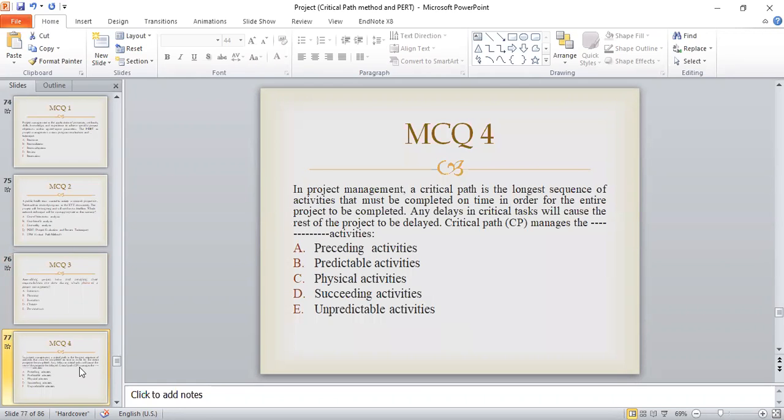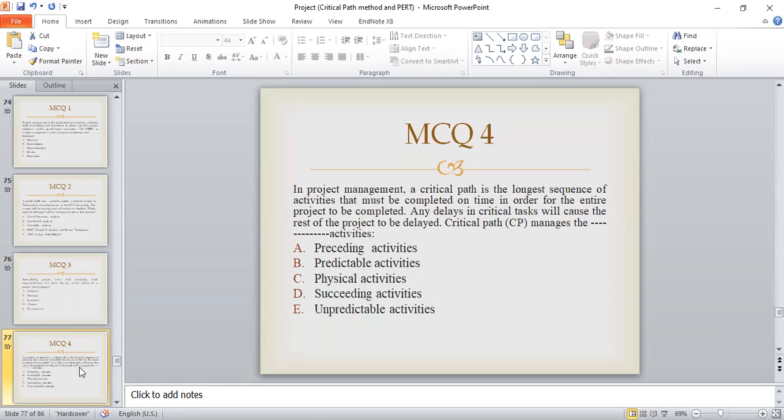MCQ 4. In project management, a critical path is the longest sequence of activities that must be completed on time in order for the entire project to be completed. Any delays in critical tasks will cause the rest of the project to be delayed. A critical path method therefore manages the dash activities in project management. Alpha, preceding activities; beta, predictable activities; C, physical activities; Delta, succeeding activities; E, unpredictable activities. What will be the correct option?